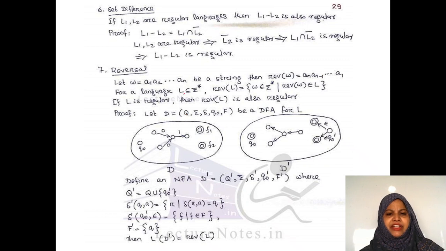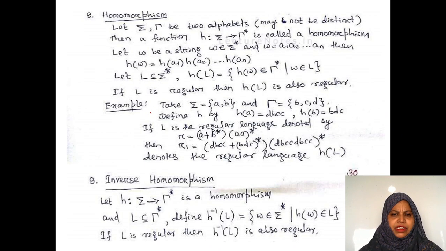For a regular language L subset of sigma star, the reverse is the set of strings where the reverse of W belongs to L. If L is regular, then the reverse of L is also a regular language. These are the various properties of the regular languages.